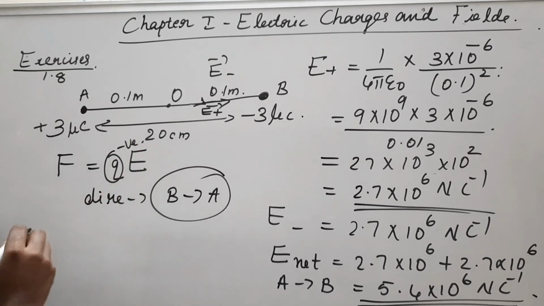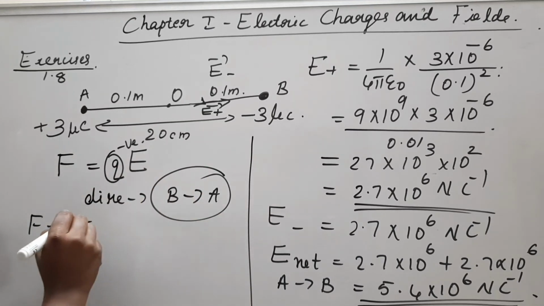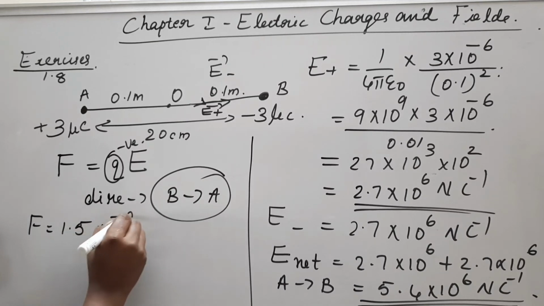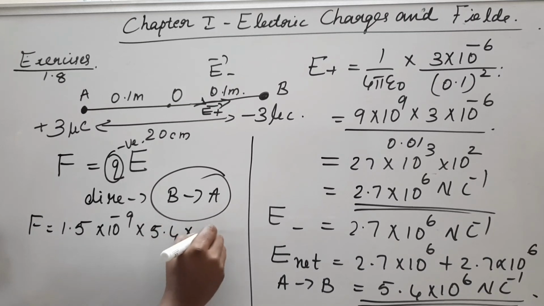Okay, now let's find the magnitude of that force. It's very easy to find. Just multiply that charge, that is 1.5 into 10 raised to minus 9, with the electric field 5.4 into 10 raised to 6.